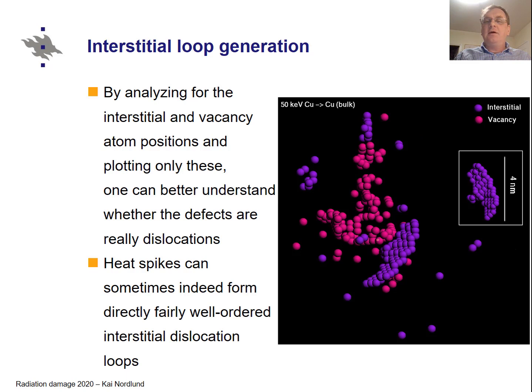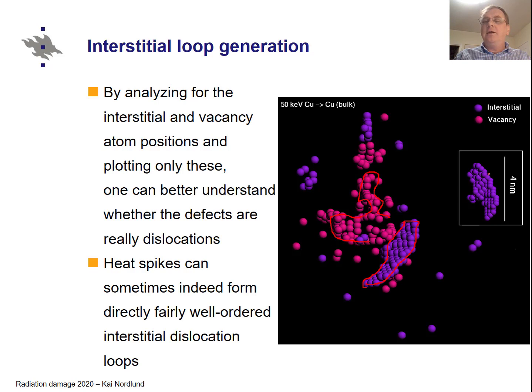And you see that on one hand we have here something which is not for sure a dislocation because it has a very complicated structure. On the other hand, here we have an interstitial cluster, which clearly is a platelet, a slightly tilted platelet of interstitials, which is well localized.